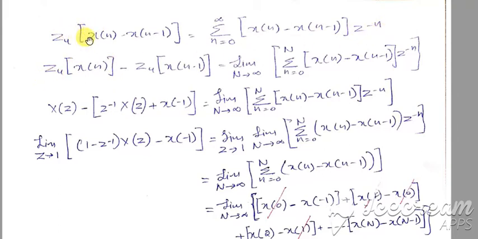Now we can apply separately: the Z transform of x[n] minus the Z transform of x[n minus 1] is equal to limit n tends to infinity, summation n is equal to 0 to n, because infinity is there, so we write n and limit n tends to infinity, x[n] minus x[n minus 1] z raised to the power minus n.